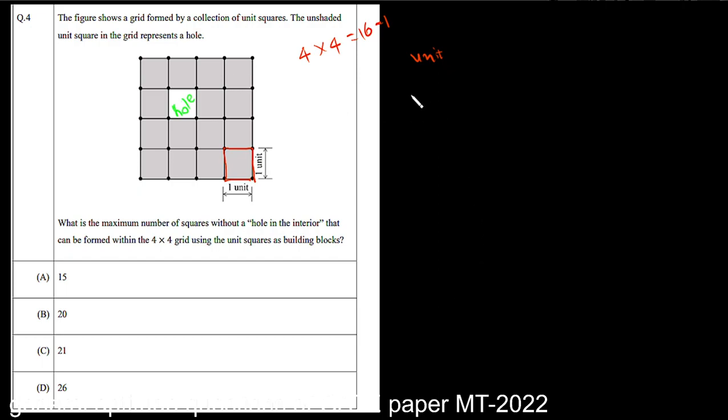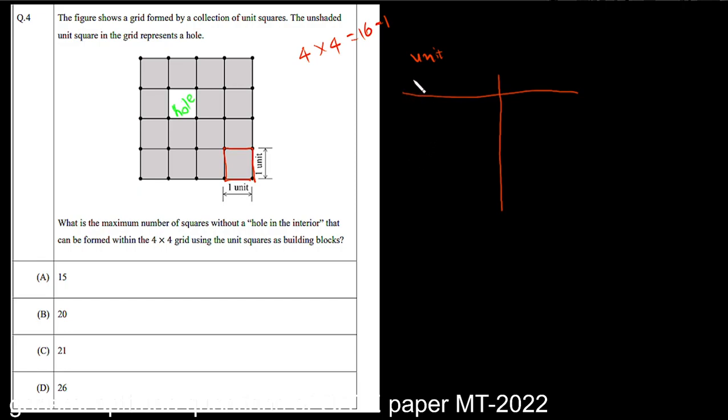Okay, so now let's make a table here to understand better. Here we have to put the dimension of the square, and here the number of squares that we are getting from this figure.